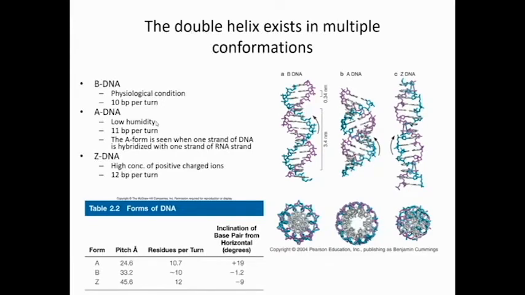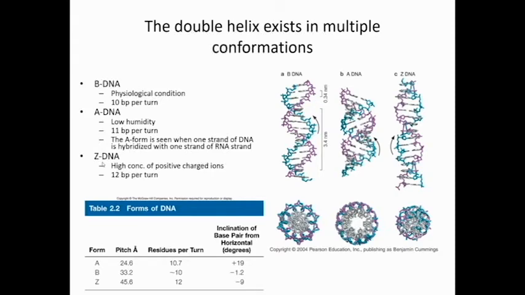And remember this: in a hypotonic condition, the DNA can turn into A-DNA. So the A-DNA basically condenses because there's less water and tries to protect itself more. Yeah.